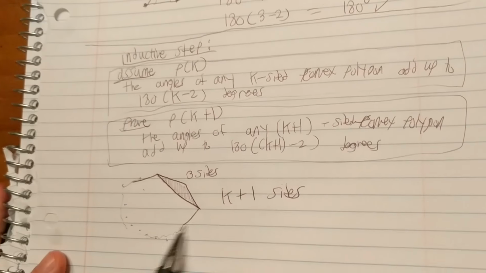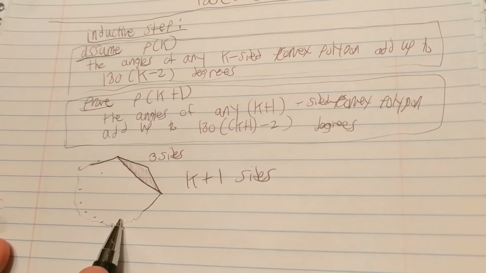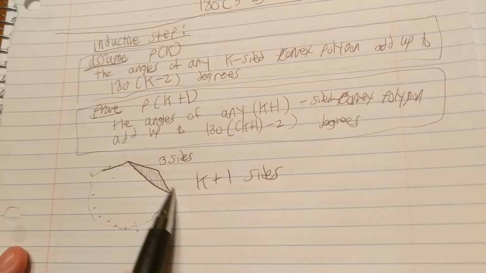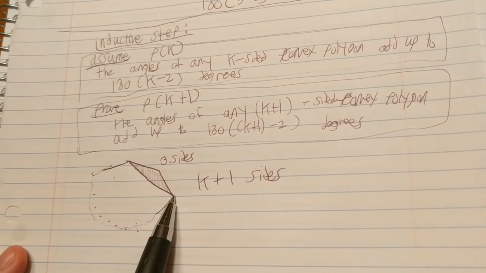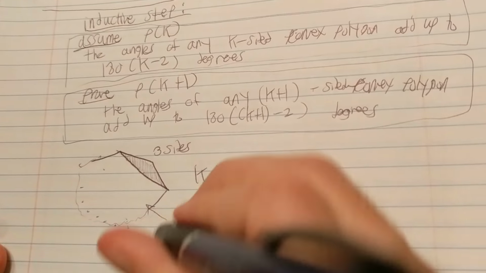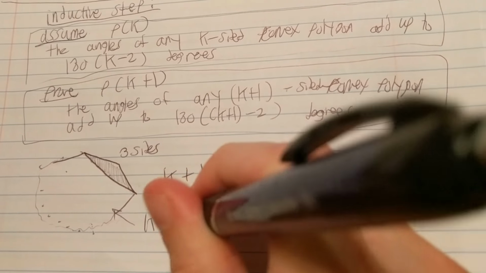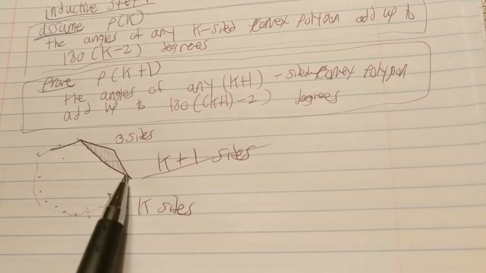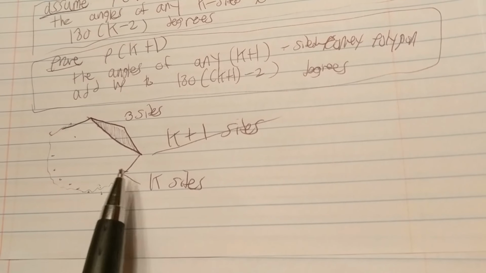Now, this part of the polygon has k sides because it was k plus 1 sides, but we're turning these 2 sides into just one flat side. So we're turning 2 of the sides into one side, making this a k-sided polygon. So now we turned our k plus 1 sided polygon into a k-sided polygon and a 3-sided polygon.